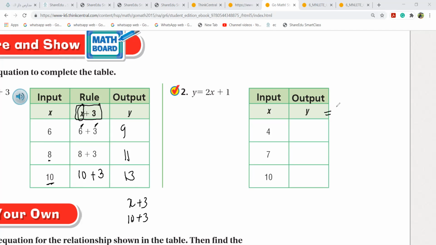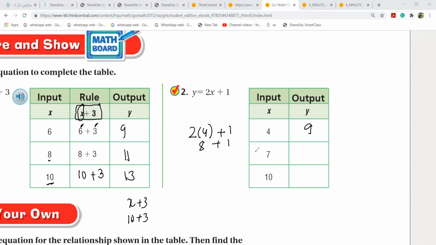Now you have 2x plus 1. And they gave you, instead of x, you have 2x. Let me do this side. Instead of x, I'll put 4, plus 1. That is 8 plus 1, 9.